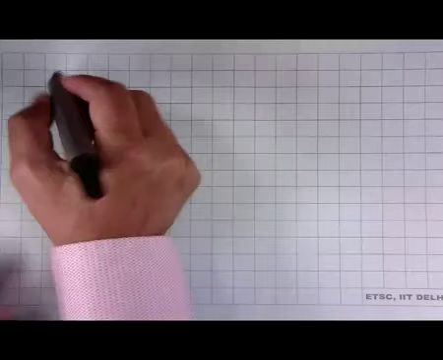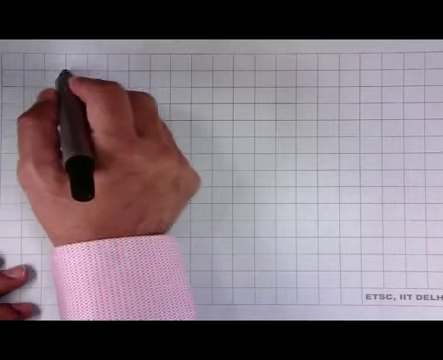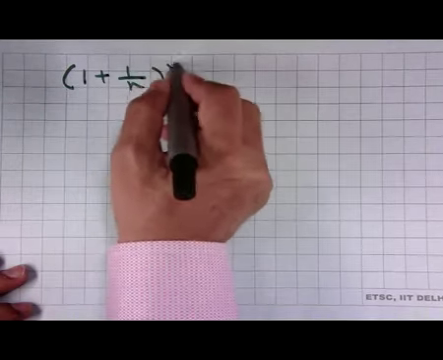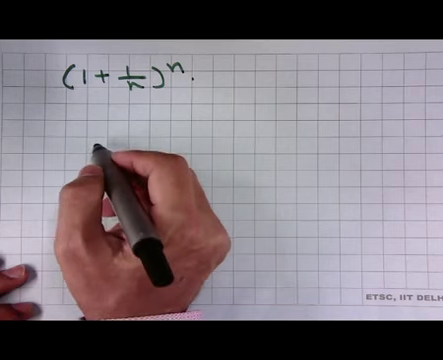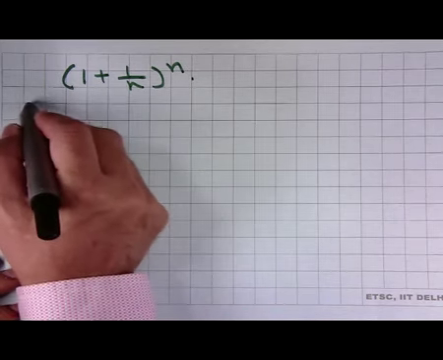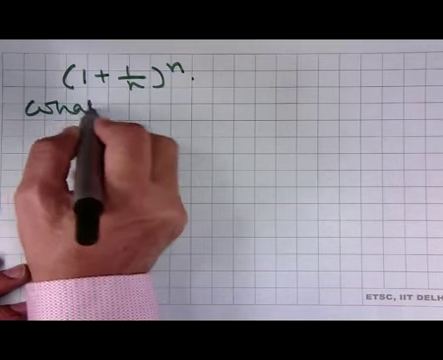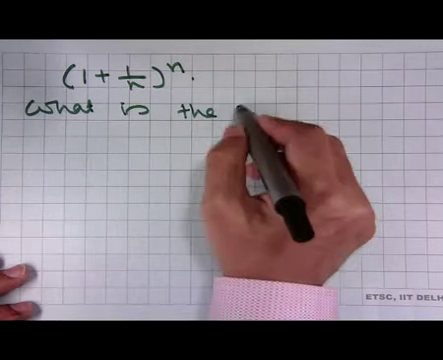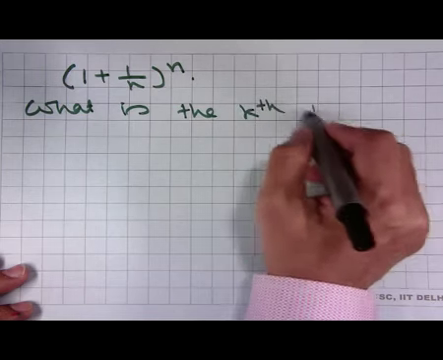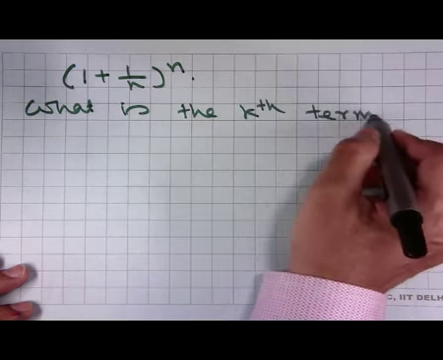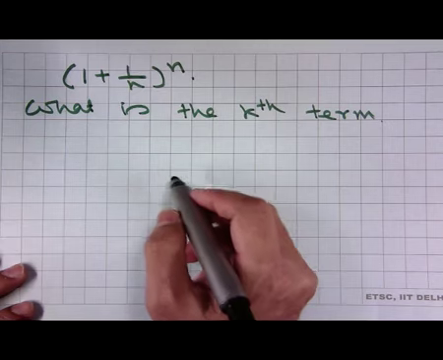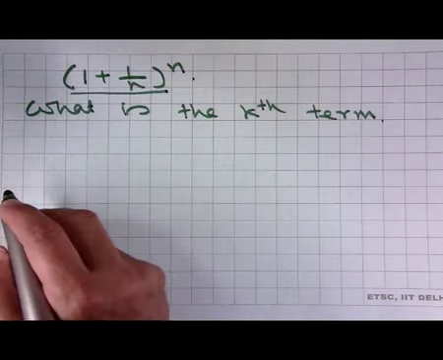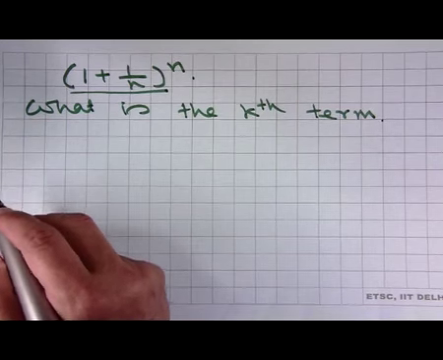So, let us consider 1 plus 1 by n whole to the power n. What is going to be the kth term? We can see that it is a binomial expansion.